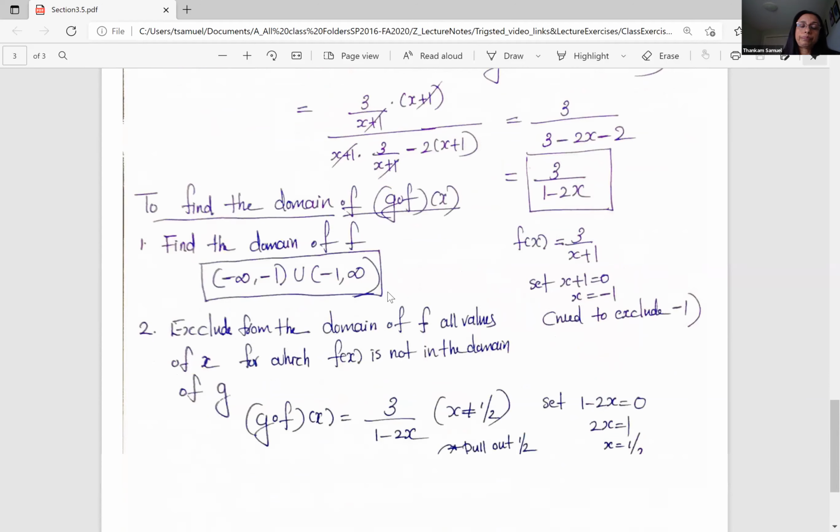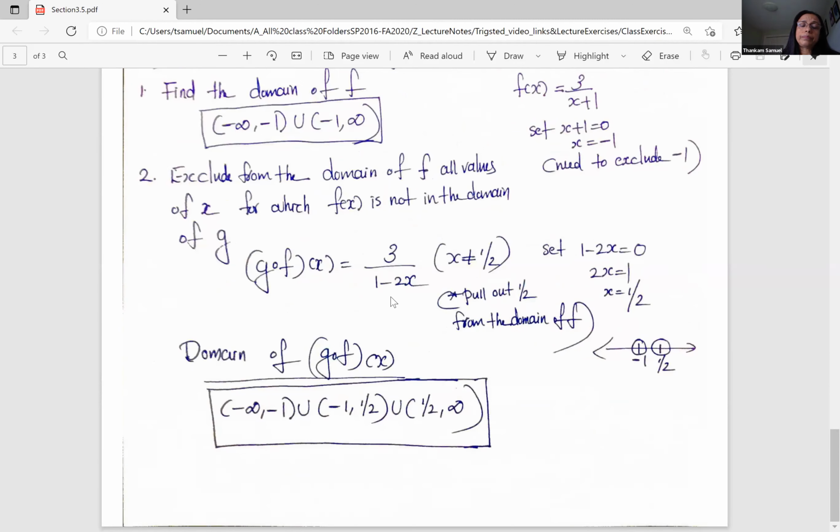Then look at this function. What are the x values we need to exclude from the domain of this composite function? So again, you can see that this is a rational function. So set the denominator to 0. 1 minus 2x equals 0. So 2x equals 1. So x equals, divide both sides by 2, 1/2.